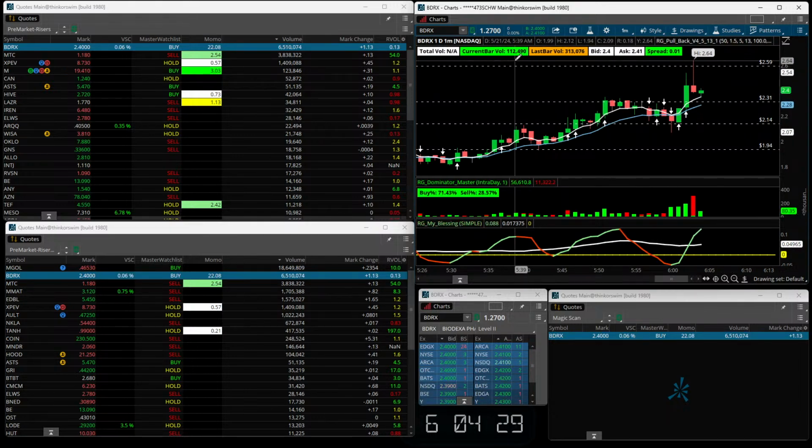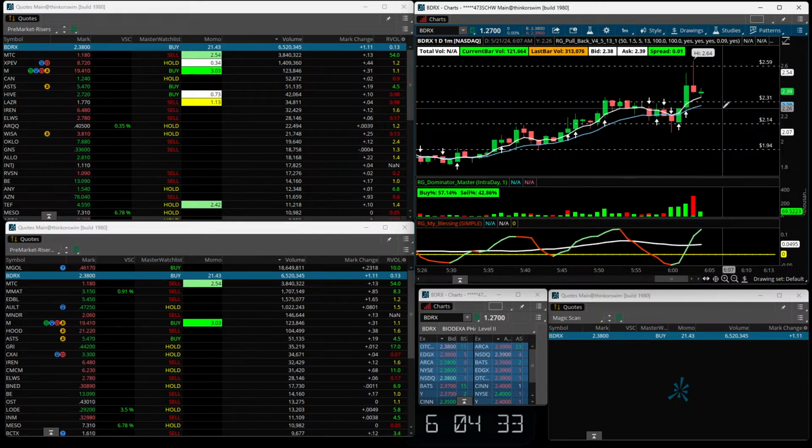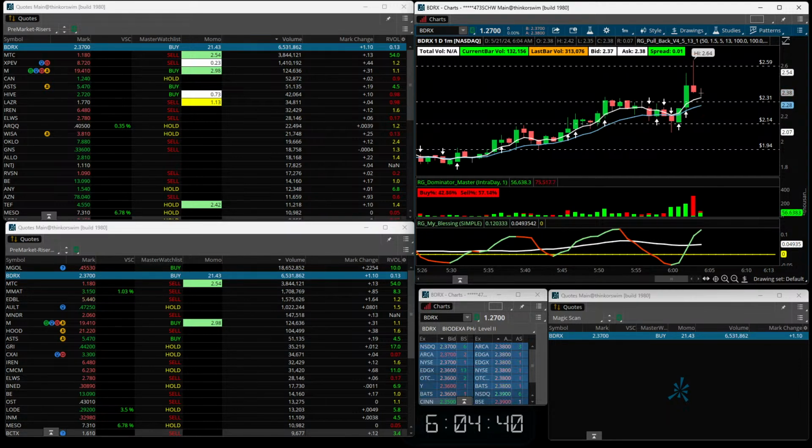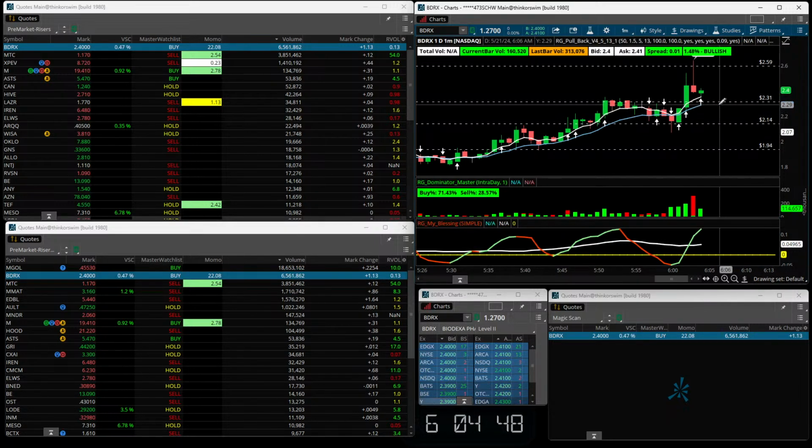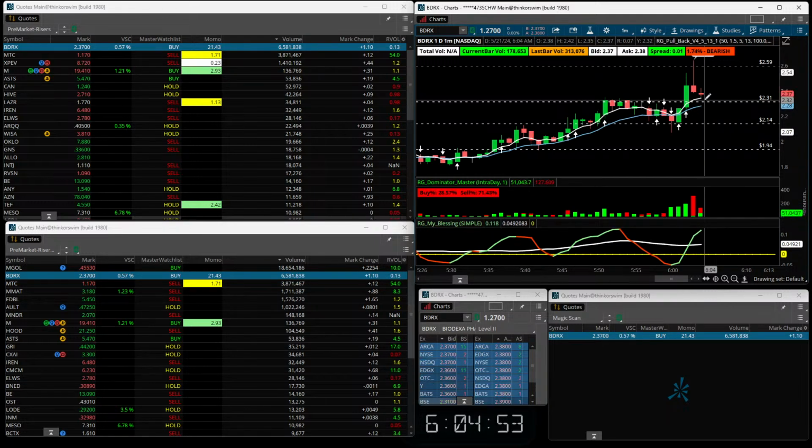It's not fantastic, but it's fair. Got a spike arrow coming in on this candle. Got a green dominator bar.